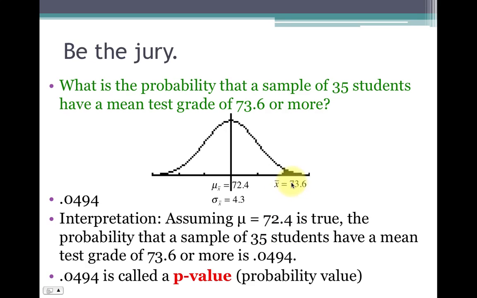But every one of these students received this different teaching style. So, do we attribute this result to the new teaching style, or could it easily have happened at random?